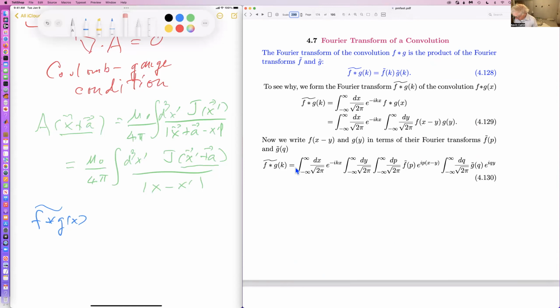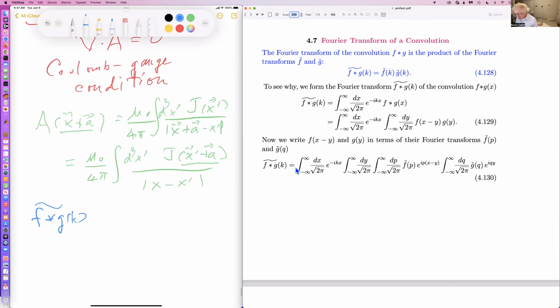I'm going to have to write it as the integral from minus infinity to plus infinity dx over root 2 pi e to the minus ikx, integral dy over square root of 2 pi f star g.